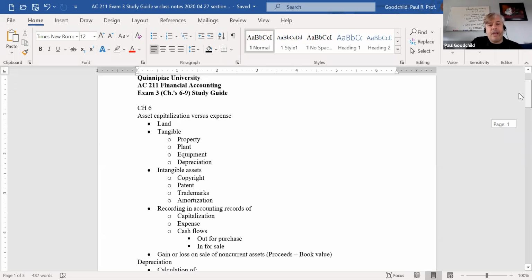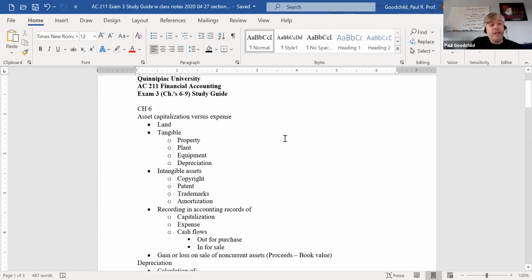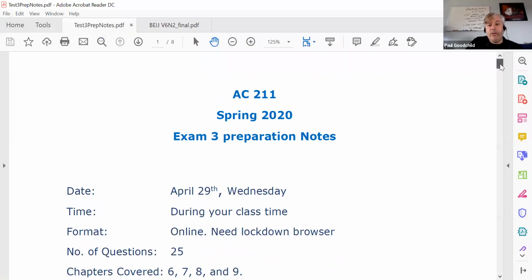Now, one of the things that another faculty member did was share with me their version of the study guide, and it's a little bit more definitional in that it includes them. So I've also provided you with this set of notes.